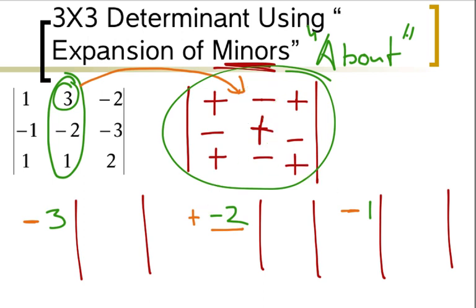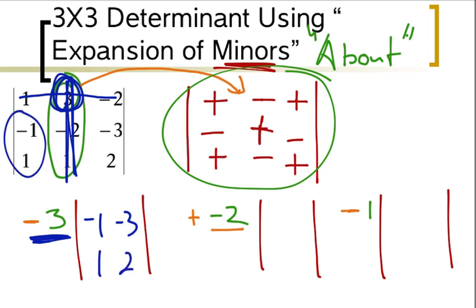Now we're ready to set up the little matrices for each one of these. If I'm looking at the 3, what I want to do is circle the 3 and cross out its row and the column that it's in. The numbers that are left make a 2 by 2 matrix: the -1, the -3, the 1, and the 2.